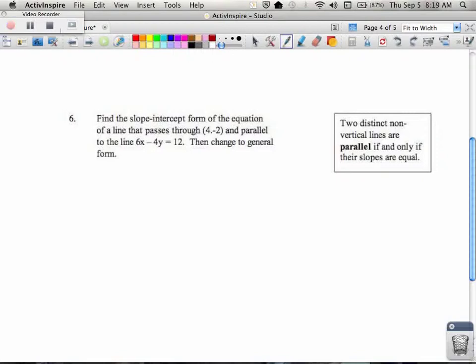Take a look at this equation right here. In that equation, if I rearrange it, I could get the slope-intercept form of the line that they are talking about to begin with. So as I work with this equation, I'm going to move the 6x to the right-hand side. If I do that, I get negative 4y equals 12 minus 6x.